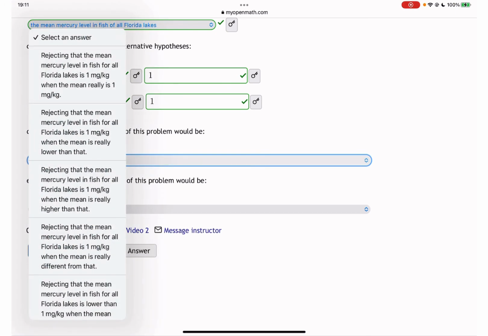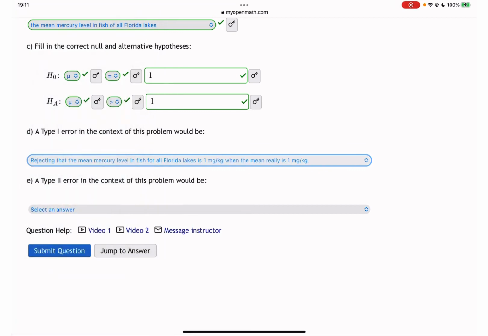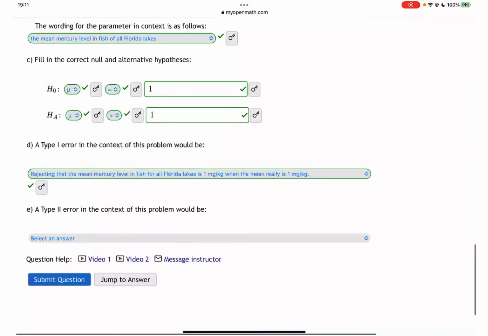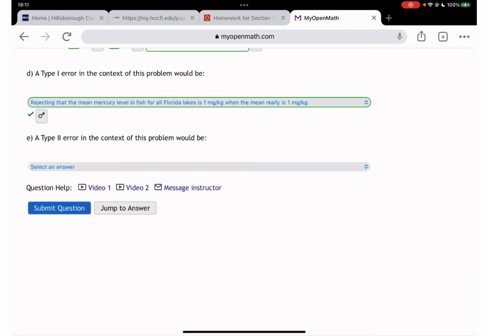Rejecting that the mean mercury level in fish of all Florida lakes is 1 milligram, when the mean really is 1 milligram. There we go. They tell us the truth, but we reject. That creates a type 1 error. Let me check it right away.